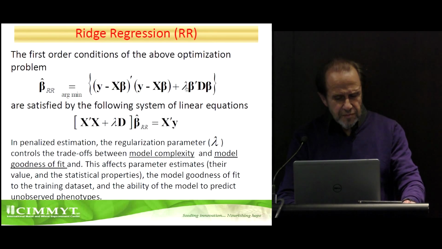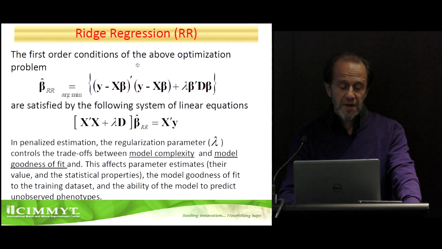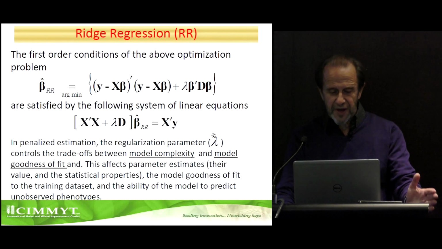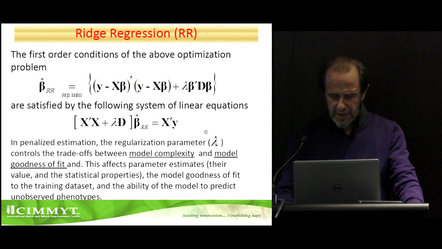This is what ridge regression does, and it works very well. The estimates may not be unbiased, they might be biased, but they are very precise when you add them up. So this is the beta ridge regression.